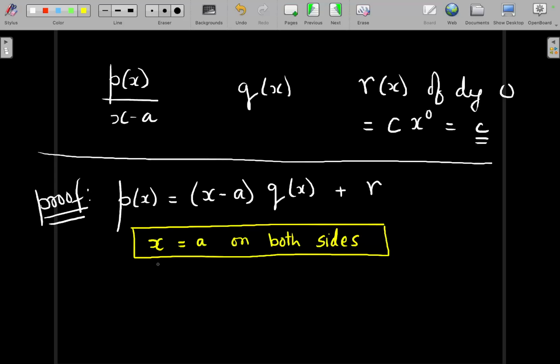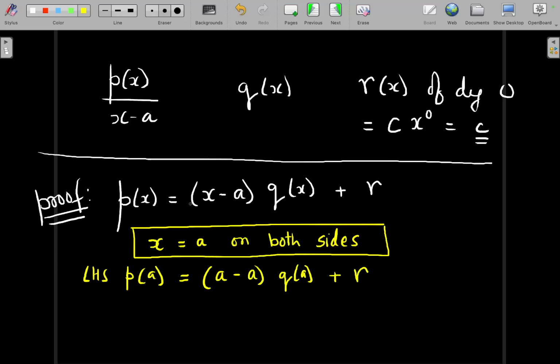So when I put x equal to a on the LHS, I get P of a, and when I put x equal to a on the RHS, I get (a minus a) into q of a plus the remainder.